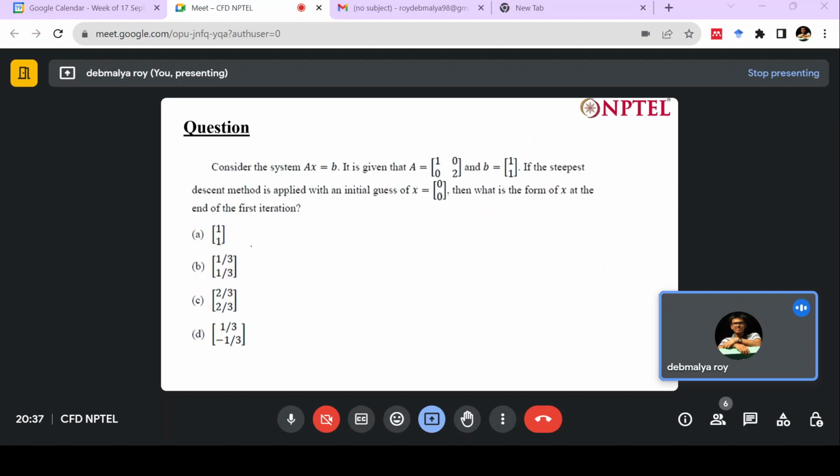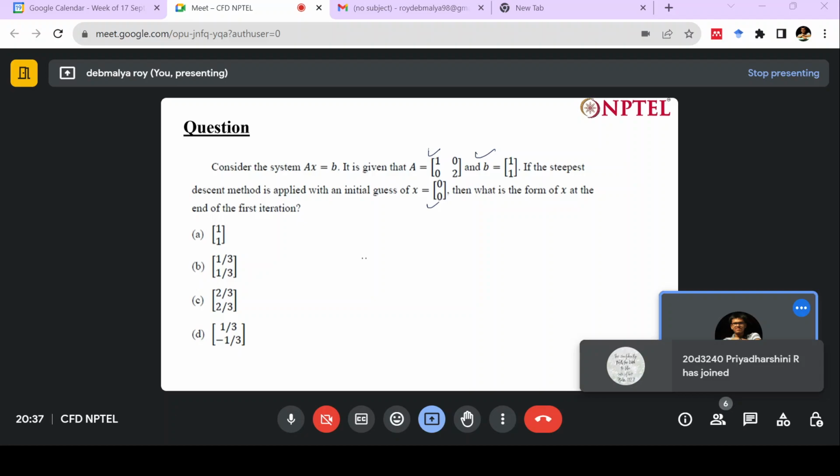All right. So consider the system Ax is equal to B. A and B are given, and we have to use the steepest descent method with an initial guess which is given. Then what is the form of x at the end of the first iteration? So we must know how this particular steepest descent method is carried out.